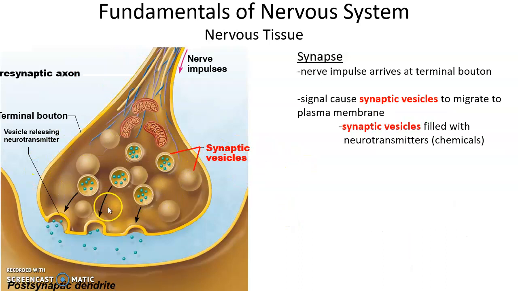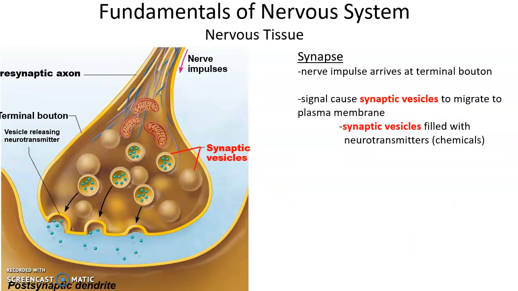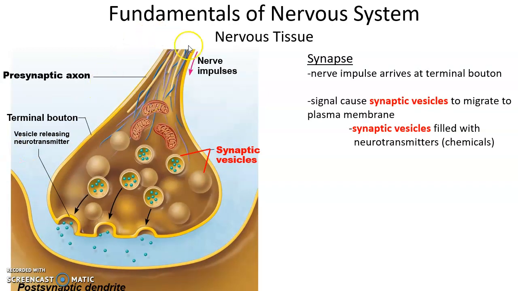All right, so here is the terminal bouton, the very end of the axon. Here is the axon, the terminal bouton. Within the terminal bouton are these synaptic vesicles. Found in the synaptic vesicles are chemicals. These chemicals are called neurotransmitters. So what happens is we have the nerve impulse, the action potential, traveling down the axon. It reaches the terminal bouton.